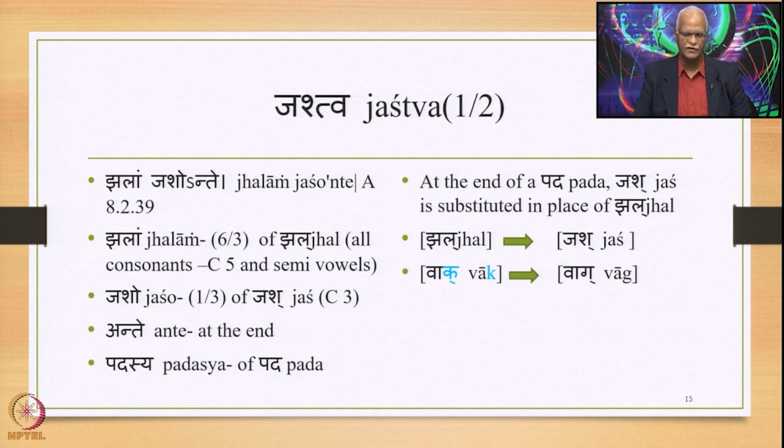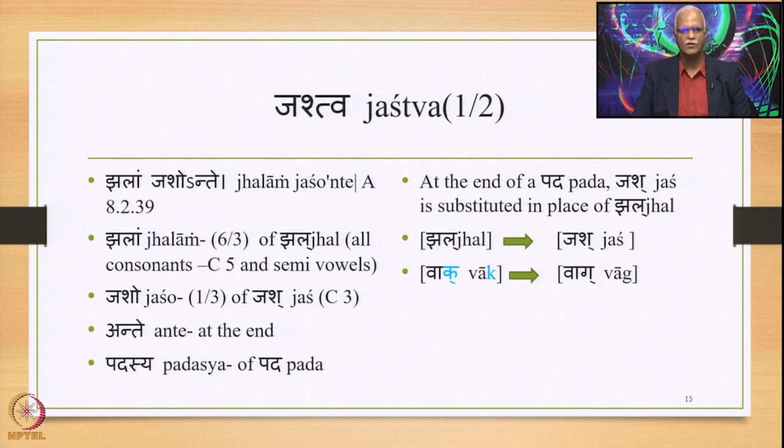As we said earlier, after we get the output by applying the sutra chokkuhu, then the next sutra jhalam jashonte applies and substitutes this ka by ga. So this is the jashtva sandhi. Let us study jashtva sandhi in brief. The sutra that describes jashtva sandhi is jhalam jashonte, 8.2.39.